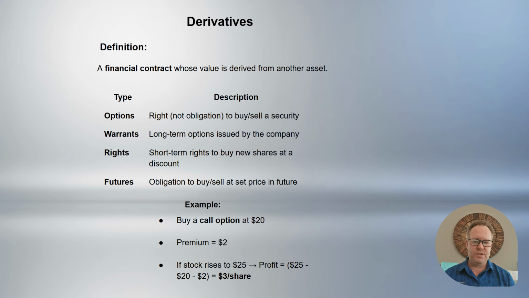They might do this in order to protect themselves from potential large losses, or for many other reasons, but that's a key reason. The derivative is simply a contract. The buyer and the seller agree money changes hands for this derivative in an option, for that person to have the right to buy or sell a security.